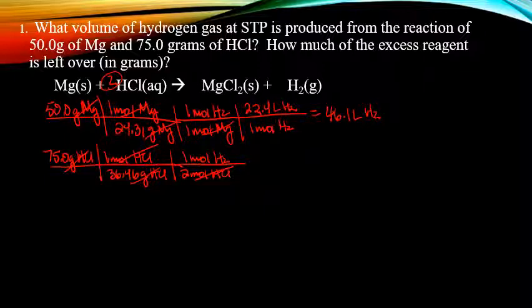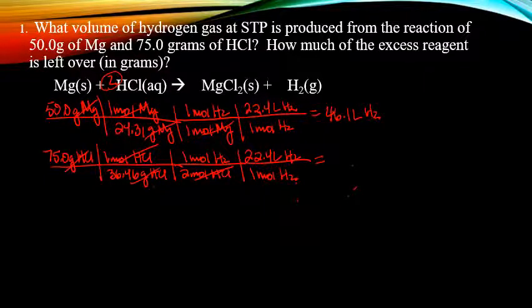Now, it is vital that you solve for the same unit in the problem so that we have that true apples to apples type of comparison. So if you notice, the last step for each of these different problems is identical. 1 mole of H2, 22.4 liters of H2. That way when we plug in and solve, we know whichever one is the smaller amount is going to show us the reactant that runs out first.